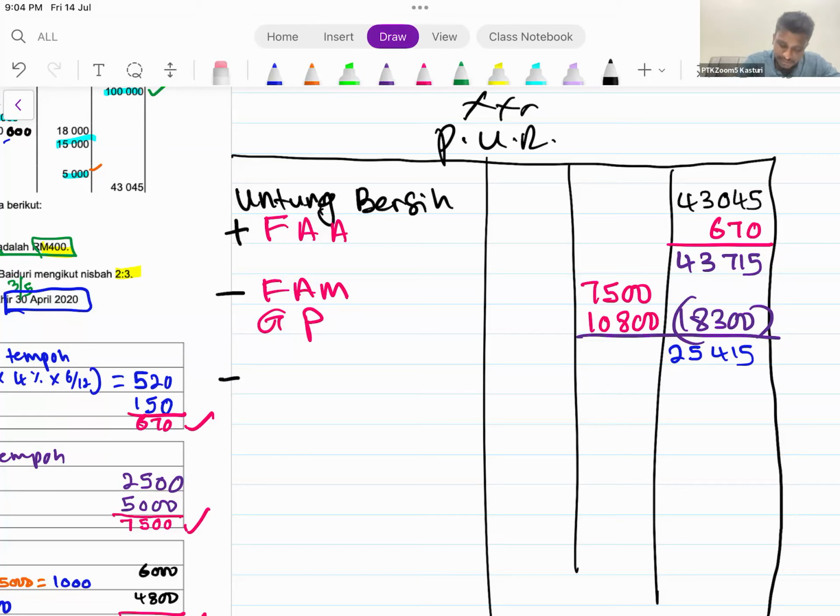Tapi dua orang pekongsi itu kita akan tulis akaun semasa Kasturi dan akaun semasa Baiduri.